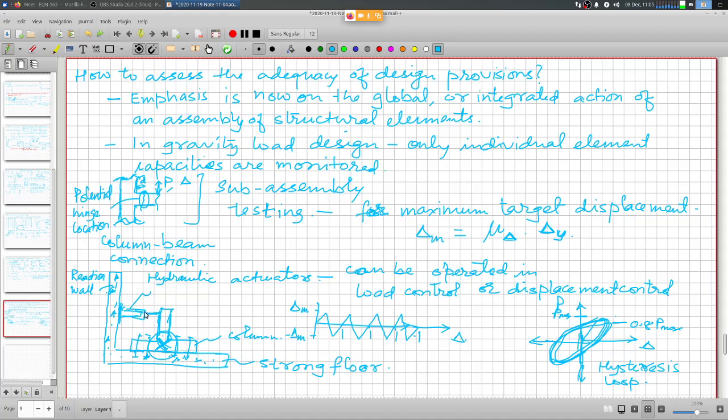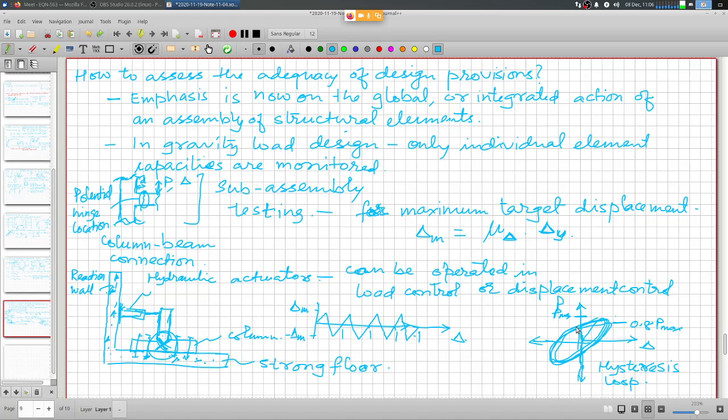Right? You can imagine if this thing gets damaged, then it's like a hinge that is developing, and in that case there would not be any resistance to the lateral force, and the effective load that will be resisted will be effectively zero. So there will be no resistance to the cyclic loading that you have, and therefore this is a very good measure that the entire integrated action of the structure is being ensured if after these 4 cycles of maximum deformation the force level doesn't reduce by more than 20%.